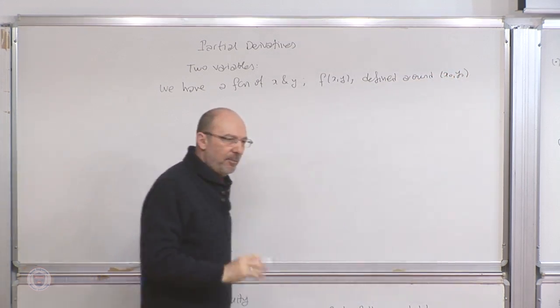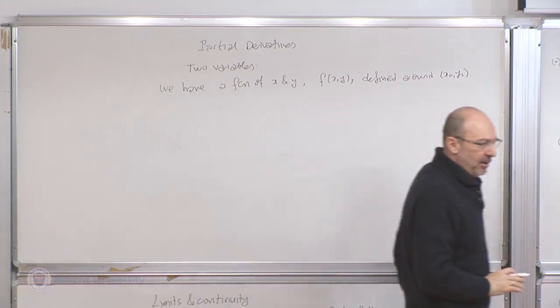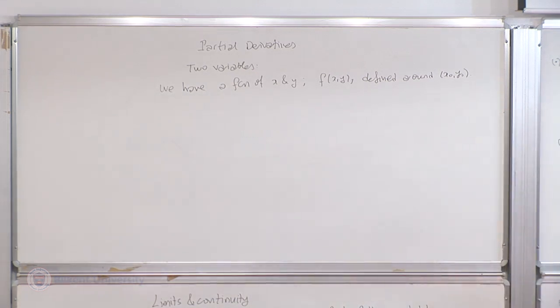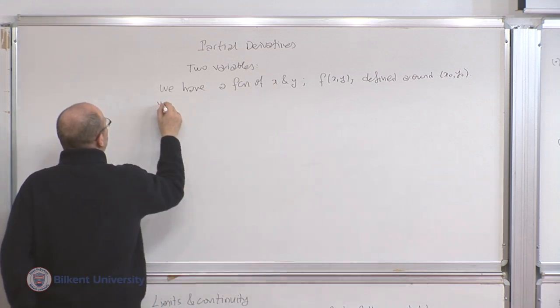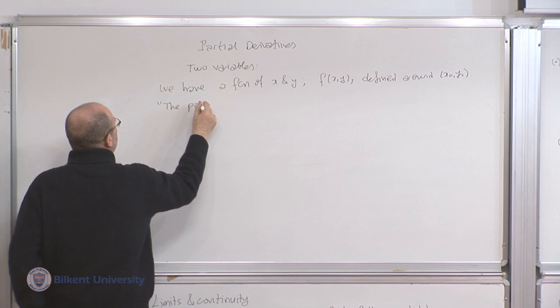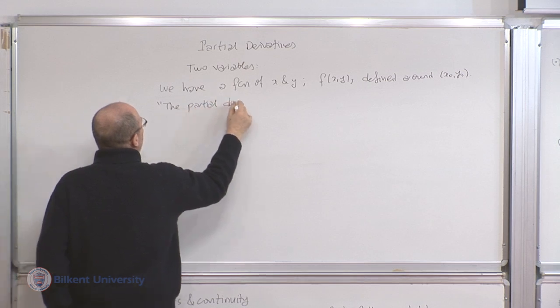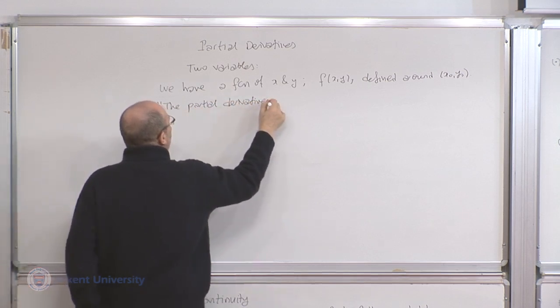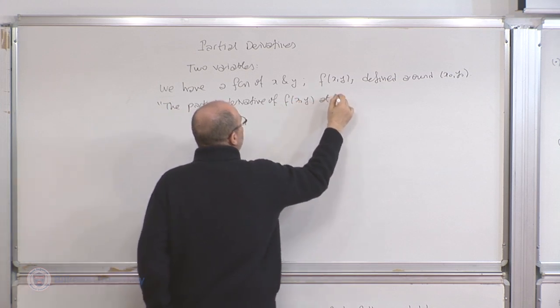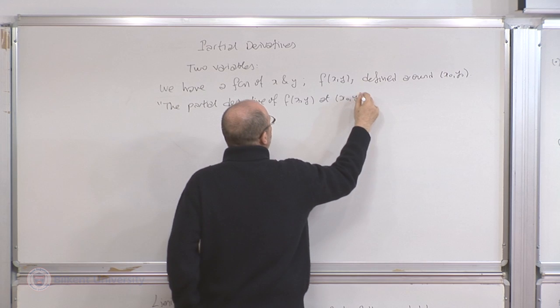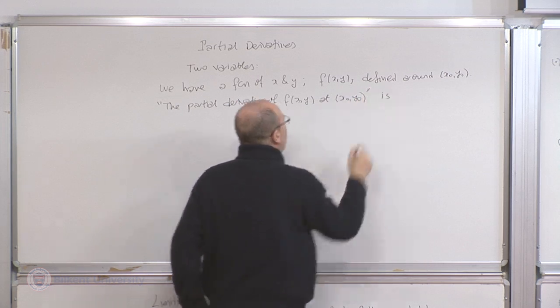This time the function is nice, so it has values there. So we talk about the partial derivative of f of x, y at x sub 0, y sub 0.